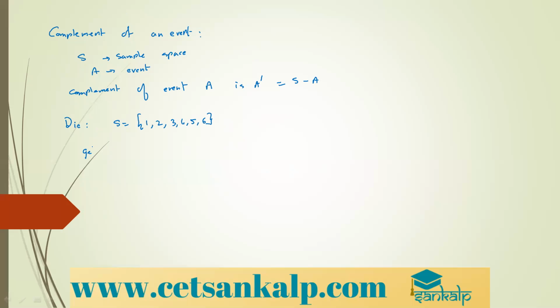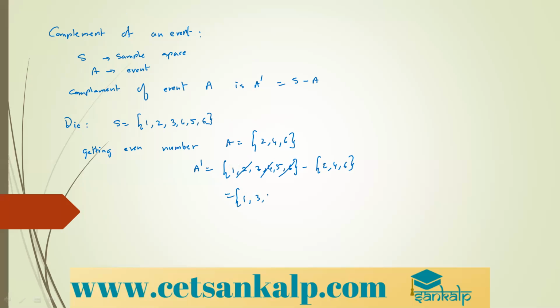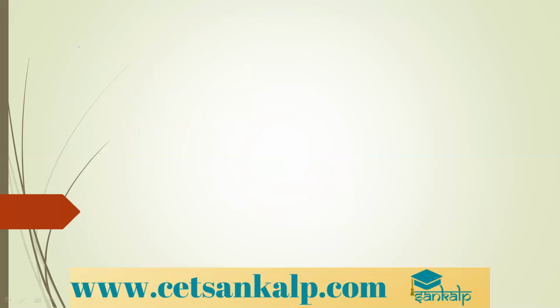Getting an even number is the event A, so getting 2, 4, 6 is event A. So A complement will be from S, you have to remove 2, 4, 6. So left is 1, 3, 5. This is A dash or A complement, or complement of A.